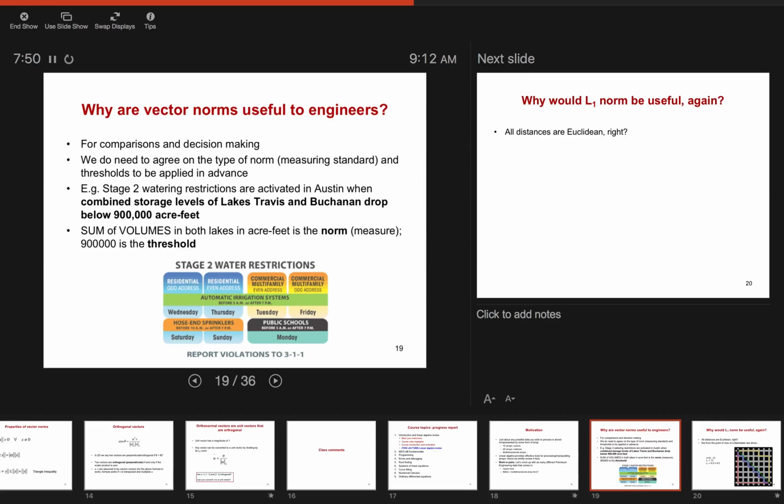Which norm is that? I have a small vector with 2 entries. One of them is the storage level for Lake Travis, the other one is the storage level for Lake Buchanan. It's the L1 norm. Okay. So in this case, L1 is useful.